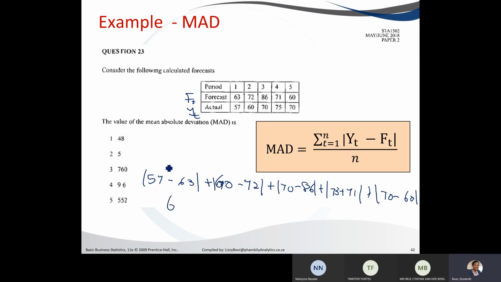And I forgot, we're going to divide this by how many there are? There are 5, so we divide this by 5.